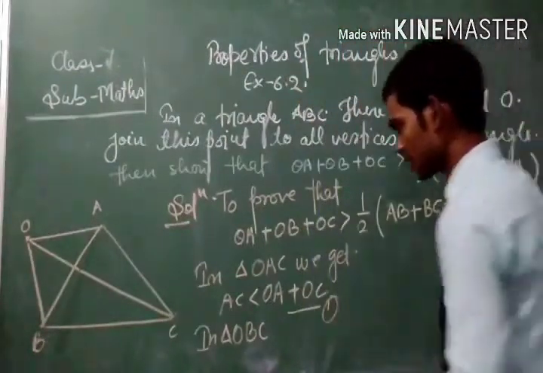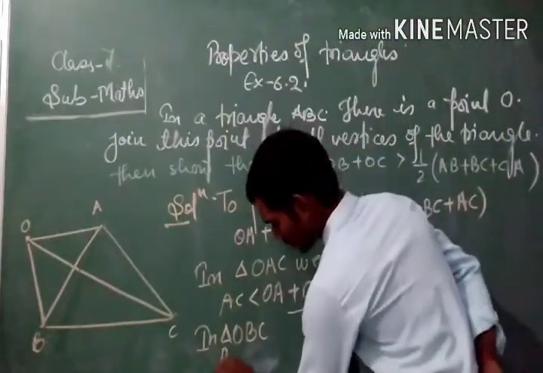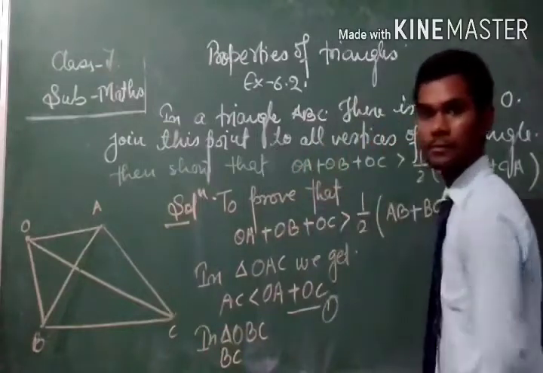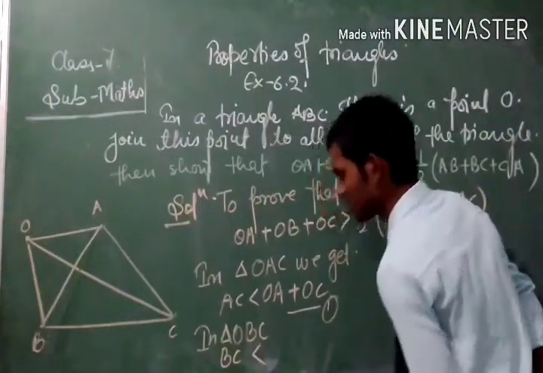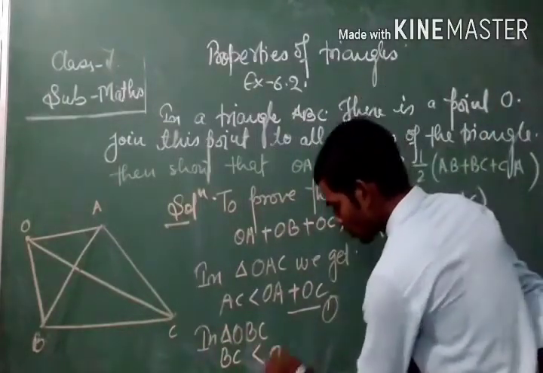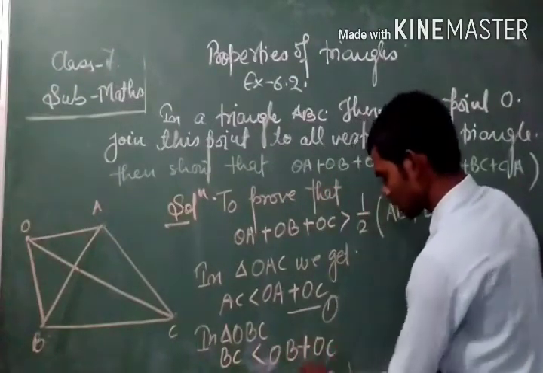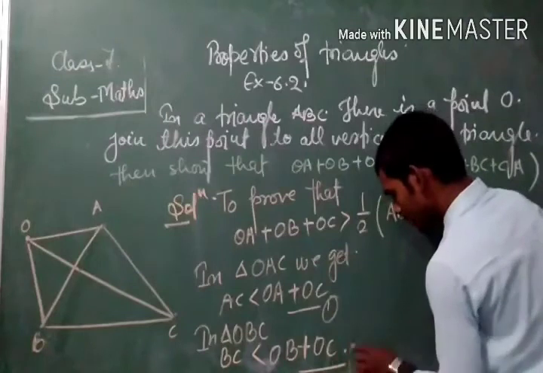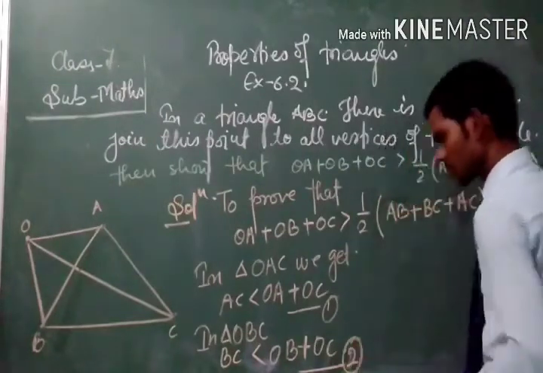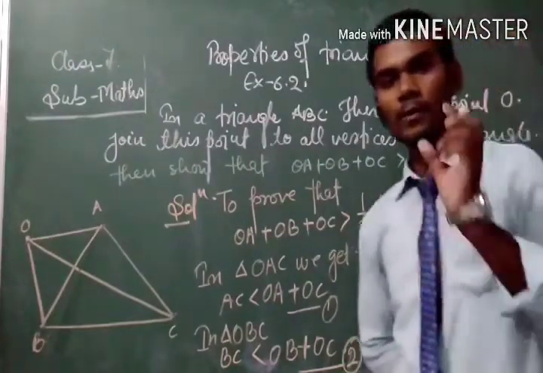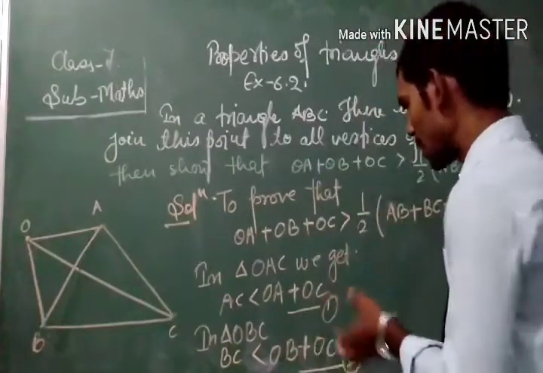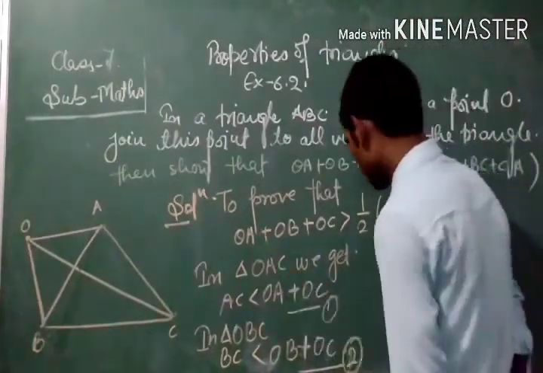In the triangle OBC, we get BC is less than the sum of OB plus OC, and this is the second condition. From two triangles we get two conditions.